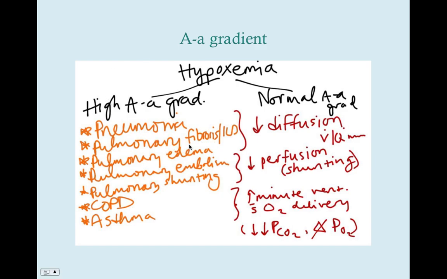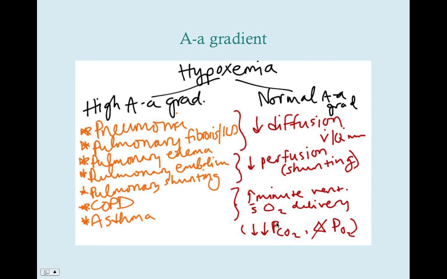With pneumonia, pulmonary fibrosis, and pulmonary edema, that's obvious because you're getting a decrease in diffusion. It's actually the tissue that's the problem. With pulmonary embolism and pulmonary shunting, you're getting a decrease in perfusion because the blood is not going to the oxygenated areas. With COPD and asthma, like I mentioned, you're getting an increased minute ventilation, but you're not getting oxygenation to the blood. You're only excreting CO2.